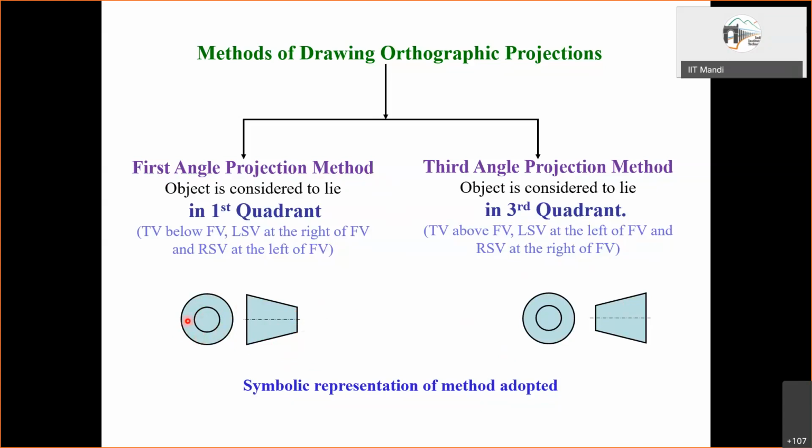This right side view has been placed at the left of this front view. In the same way, here the orientation is changed. If this is the front view, the same kind of view is shown over here, two circles, but this corresponds to the left side view for this case. So the left side view is kept at the left of this front view. So this represents the third angle projection method. These are the symbols used.